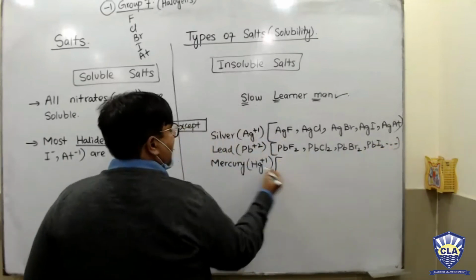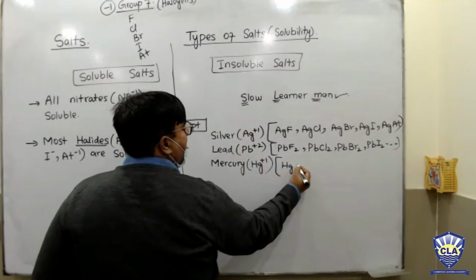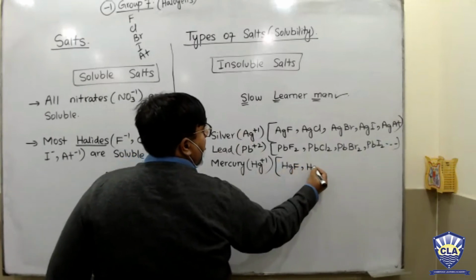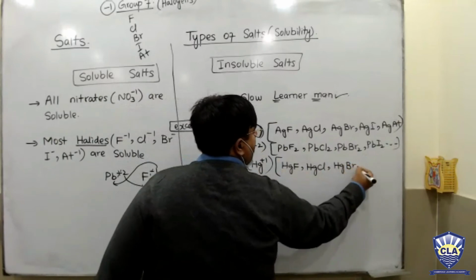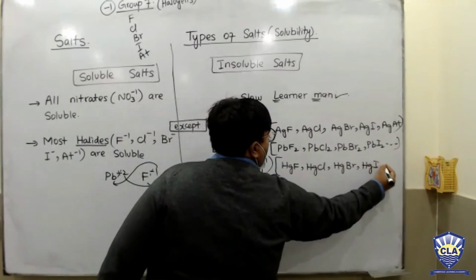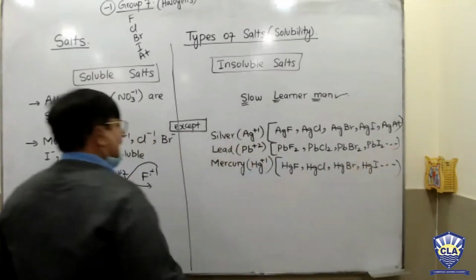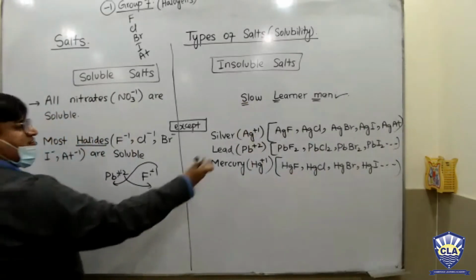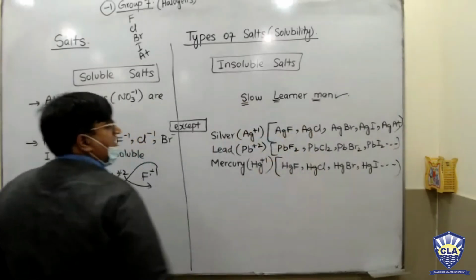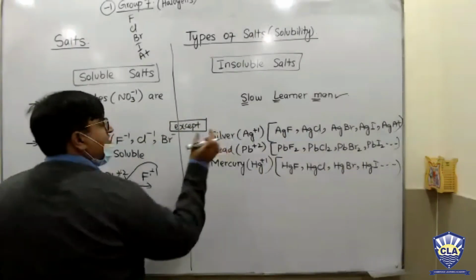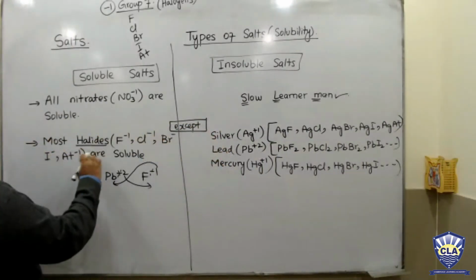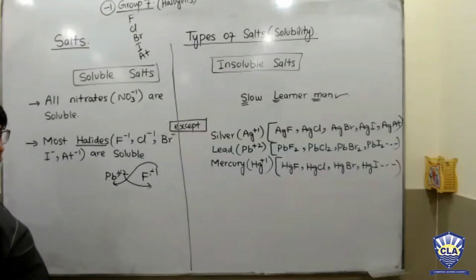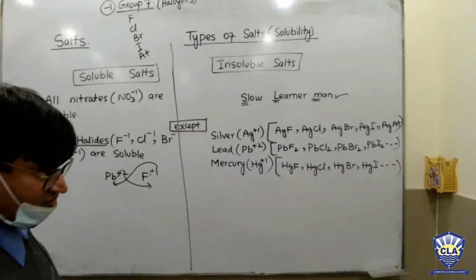And just like that, mercury has HgF, HgCl, HgBr, HgI, and HgAt. All these salts are insoluble. If silver, lead, and mercury are attached with these halides, the salts formed are insoluble.